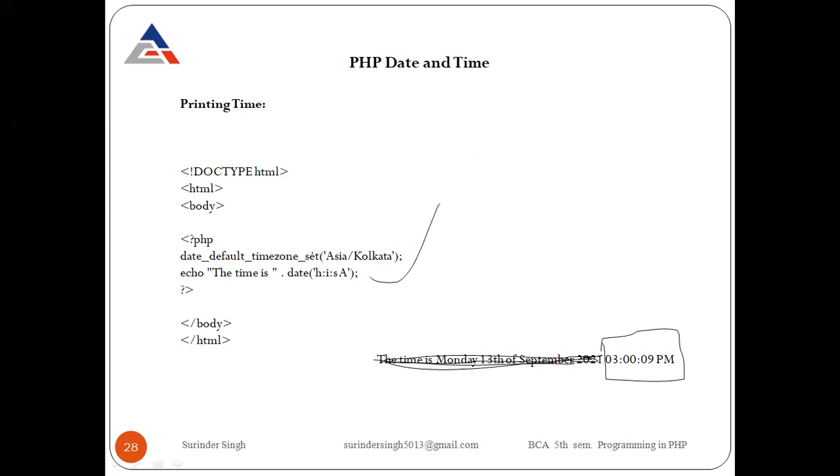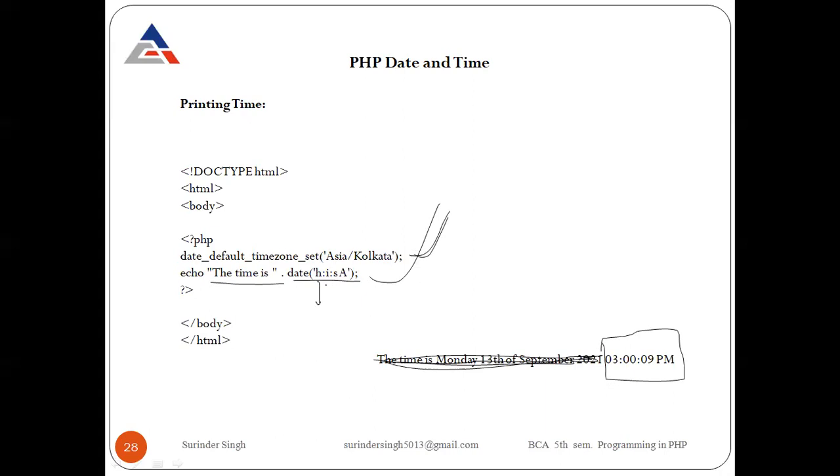First of all, you have to set the time zone. It will take some default time zone and print, but according to our country, you have to use a time zone like this, Asia/Kolkata. And here we are printing time by using the date function. Here h is for hours. Clear?